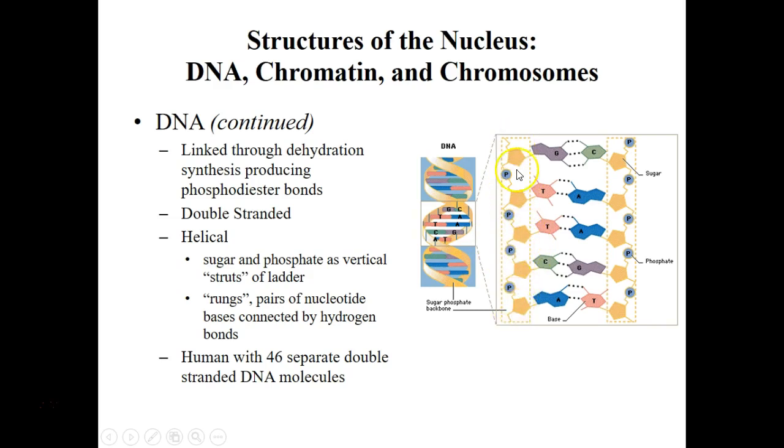That makes up the sides of the ladder. And then in between the nucleotides, we have hydrogen bonding. So that's what these are. Between guanine and cytosine, we have 3 bonds. Between thymine and adenine, we have 2 bonds. Adenine and thymine always pair together. Guanine and cytosine always pair together.